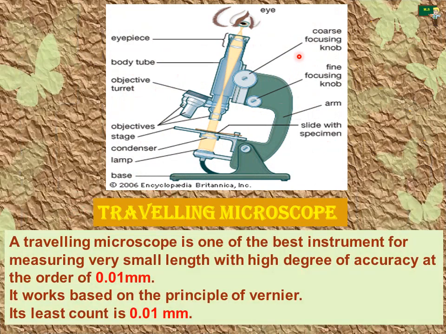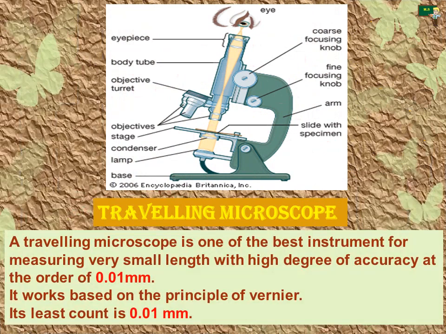This is the arm, and this is the coarse focusing knob. Here you can have a specimen, sometimes blood or virus or bacteria, anything can be placed here.